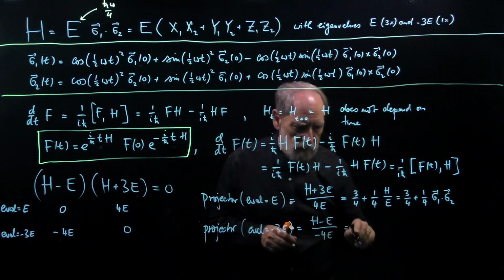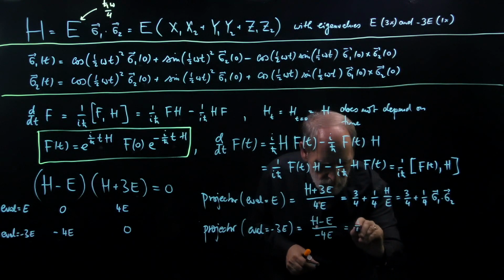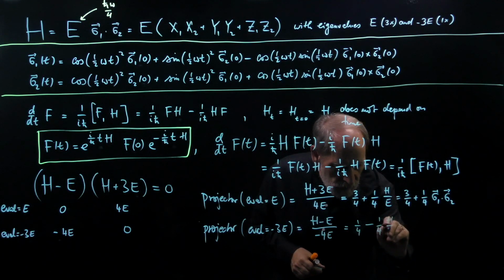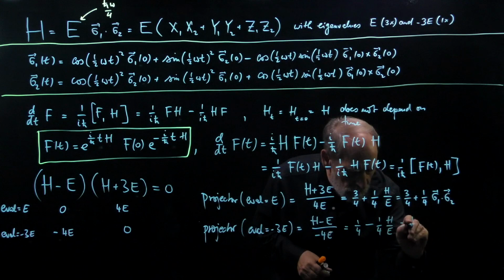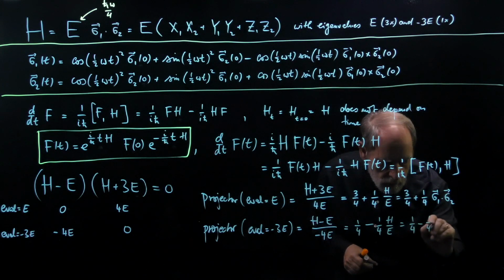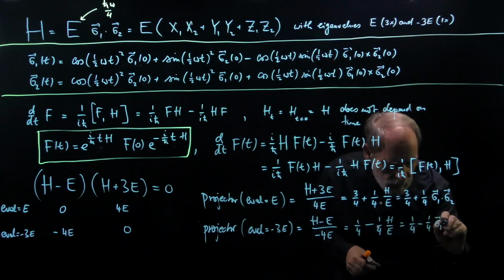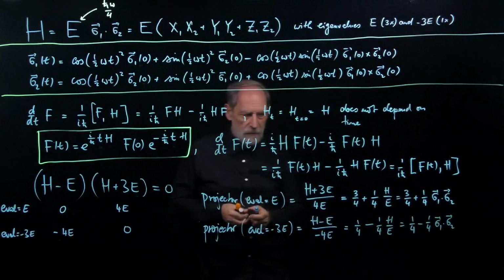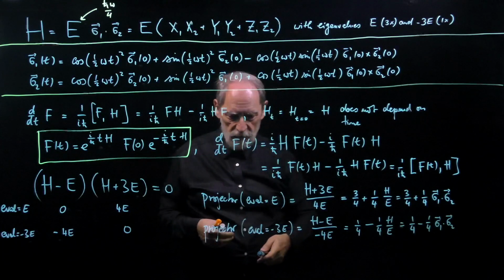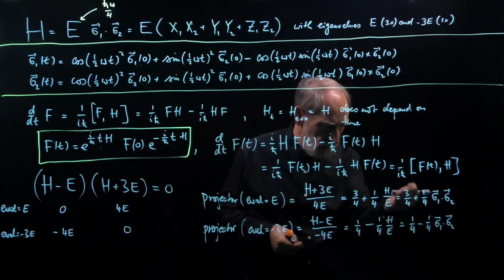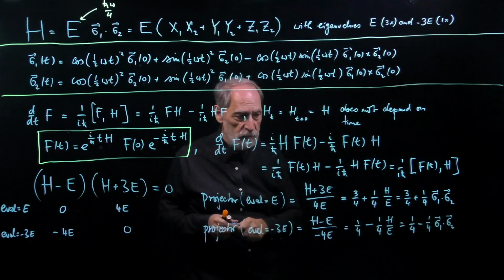So what we get is 1/4 minus 1/4 of H divided by E. So we have 1/4 times the identity minus 1/4 of sigma 1 dot sigma 2. Very nice, because first of all, we immediately verify that if I add the two projectors, I get the identity, which is the way it should be.